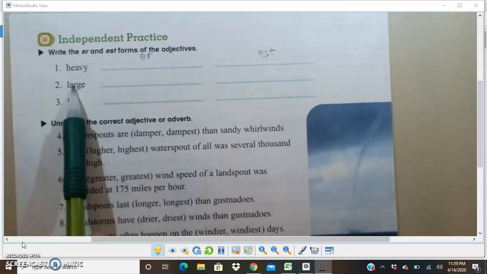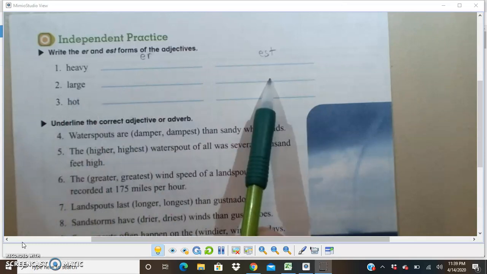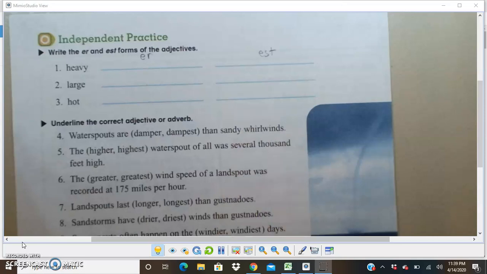It's going to be largest right here. Number 3, what kind of rule is this? Well, this is going to be that rule, remember, where you have one vowel in the word and then it ends with a consonant. So you're going to double that consonant before you add your ER, and you're going to double that consonant before you add your EST.